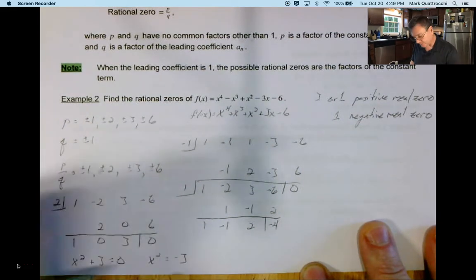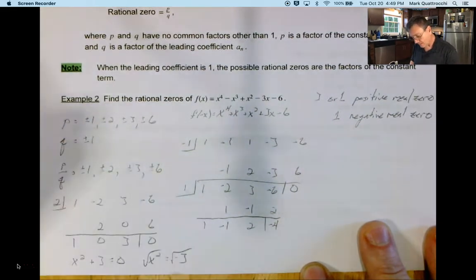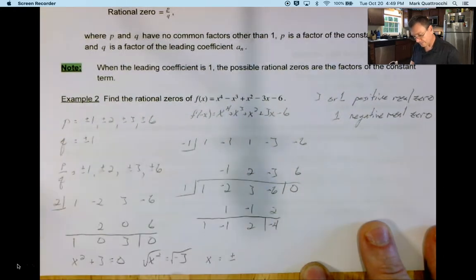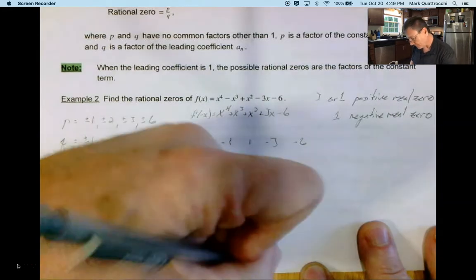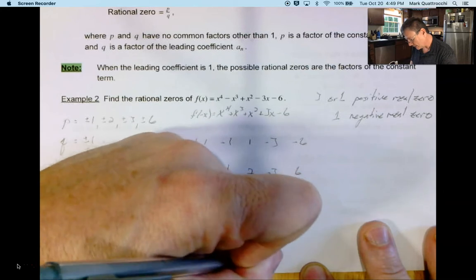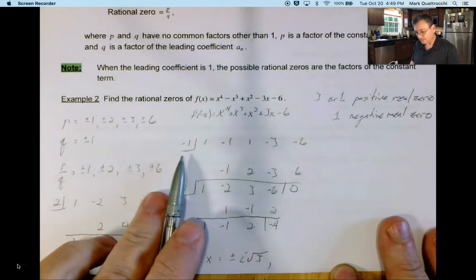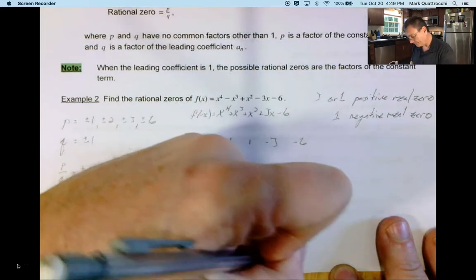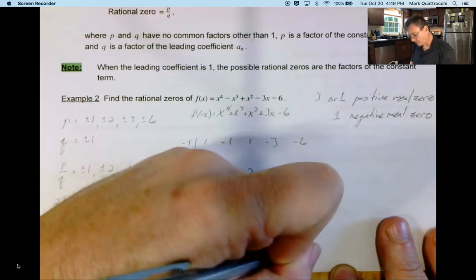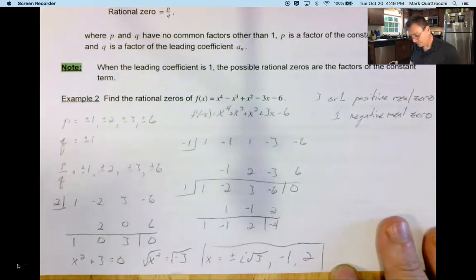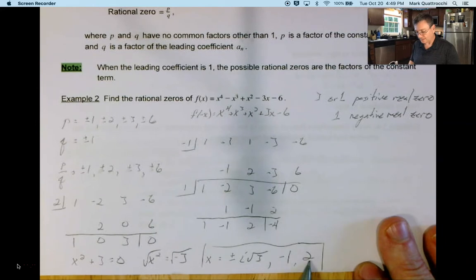Take the square root of both sides, and I get x equals plus or minus the square root of 3, but I can't take the square root of a negative number. That is imaginary, complex. And the original 0 that we found, -1. Oh, and 2. Sorry. We have found 1 positive, 1 negative, and 2 complex.